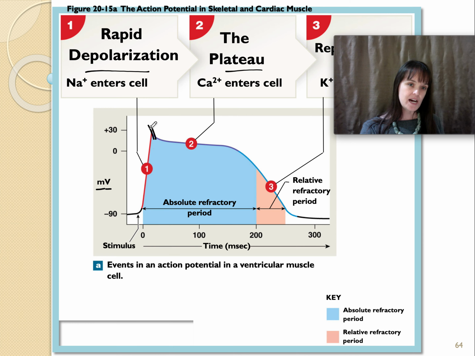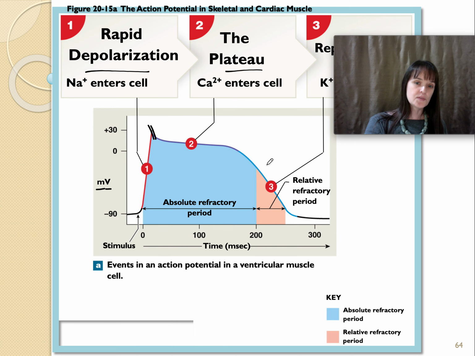And at the same time, you close the voltage-gated sodium channels. So you close the voltage-gated sodium channels, open the voltage-gated calcium channels, and the calcium entering the cell is what causes this plateau.